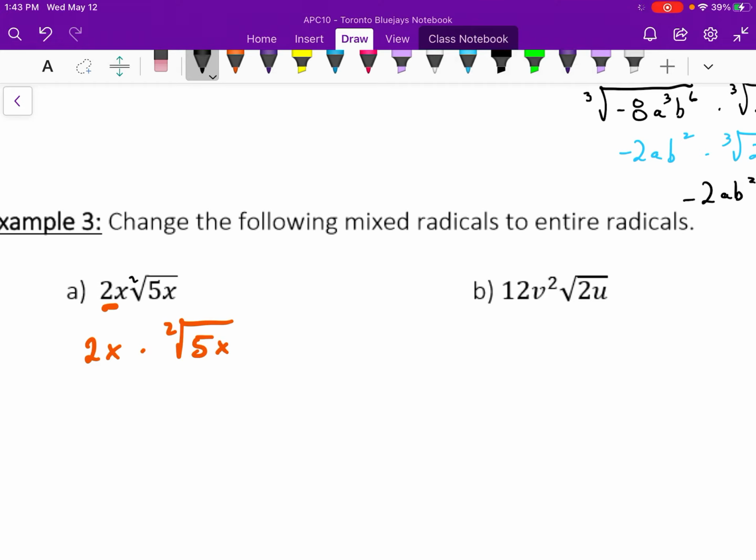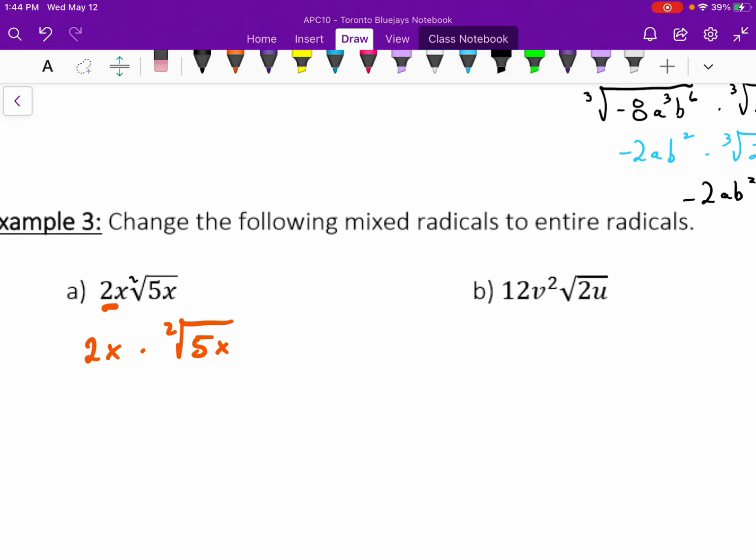So I would write this as, how 2x is equal to the square root of what number? Well, it's going to be 4x squared. Now, how do I know that, right?